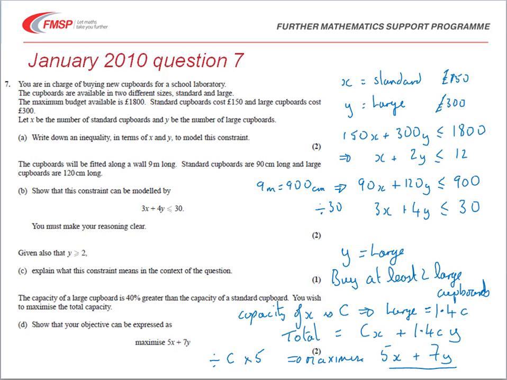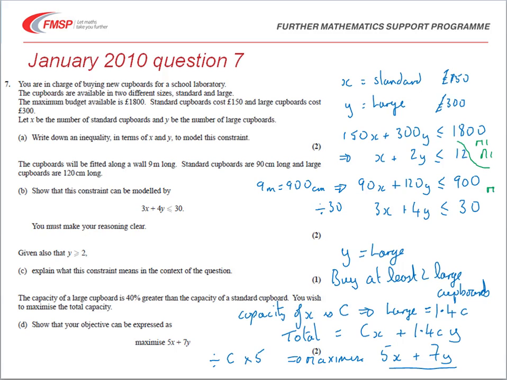Well, before we move on to the graphing part of the question, just looking at how the marks were allocated for this. There was a method mark and an accuracy mark for that first constraint. You didn't actually need to do the simplification to get those marks.